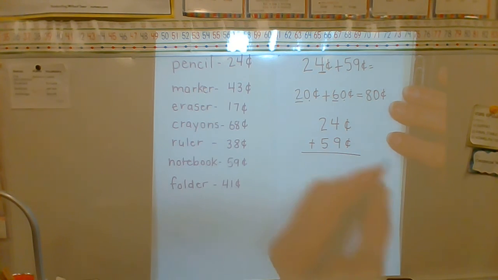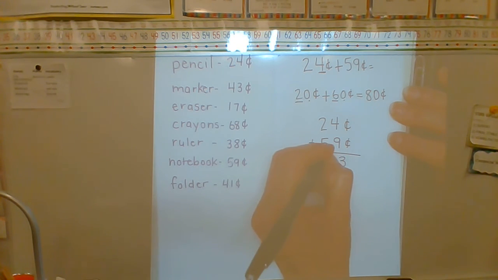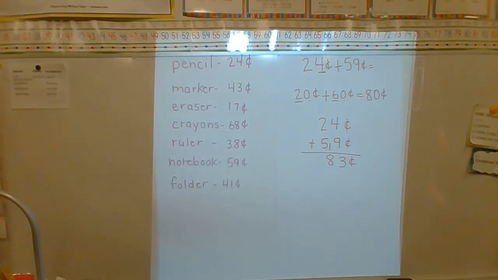How many pennies left over? 3 pennies left over. The dime moves next door. What is 2 plus 5 plus 1? Yes, it's 8. Our estimate was 80 cents. The actual is 83 cents. So we're not going to be able to buy that.